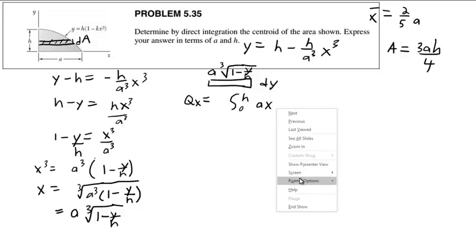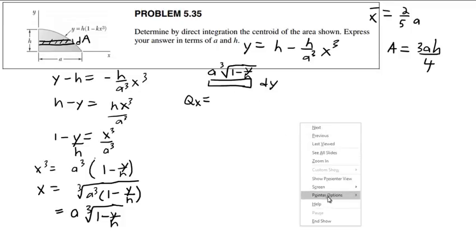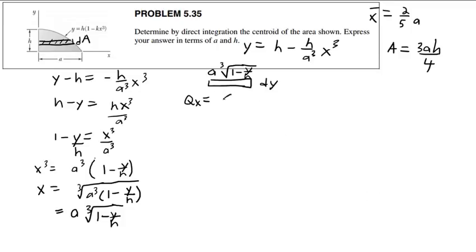Let me show the formula more clearly. Again, qx is the integral of y dA.